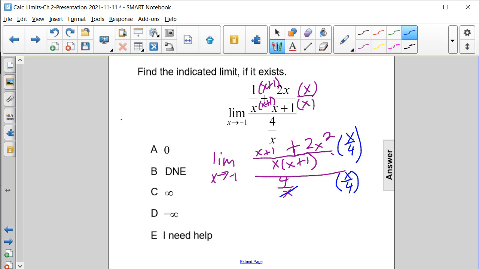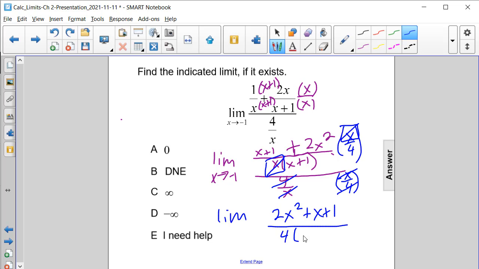When we do that, everything in the denominator will cancel out, as well as these x factors. So we will have remaining 2x squared plus x plus 1 divided by 4 times (x+1), and we're taking the limit of this as x approaches -1.